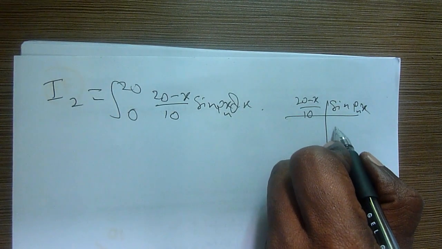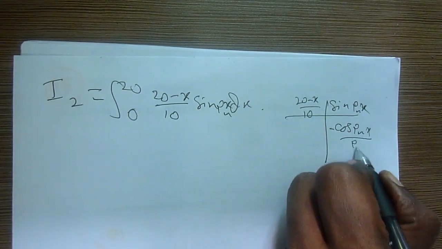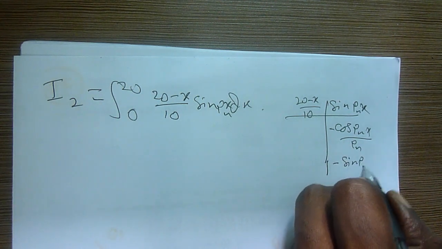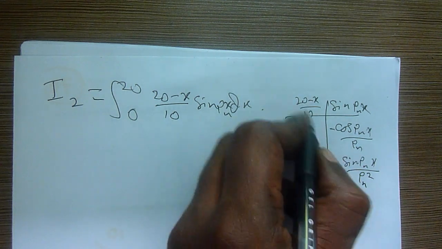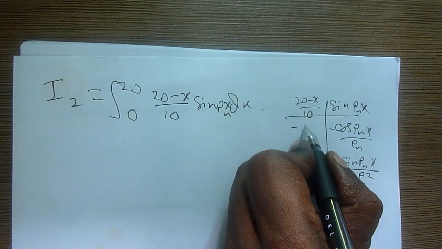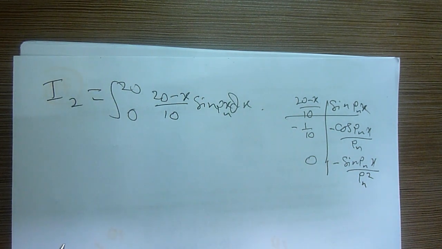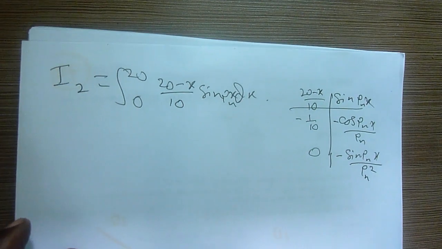Now this one same, negative cos Pn x over Pn, same, negative sine Pn x over Pn power 2. What about this? Negative 1 over 10, this one is 0. Can you see that? Only a small difference inside the changes.